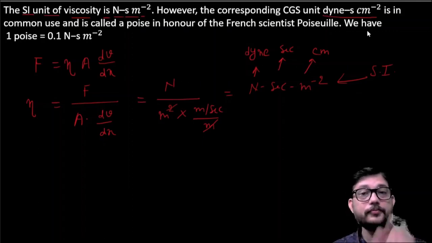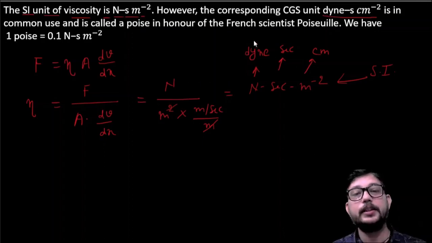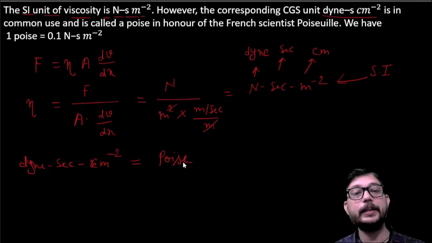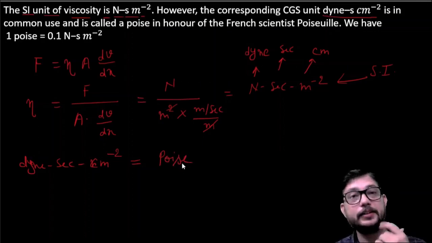This unit, dyne second centimeter inverse 2, is called poise. In short, it is written as poise.